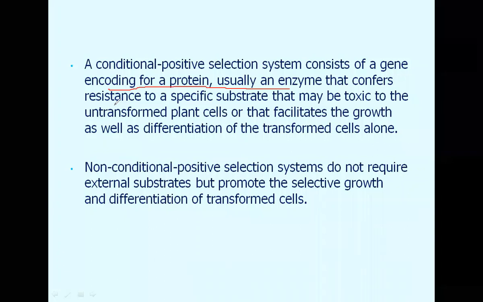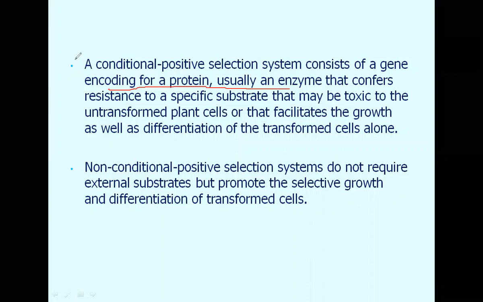So those cells which have got this gene and can synthesize this particular enzyme will convert that substrate into a product which is non-toxic, and therefore these cells will survive. And those cells which have not got this gene will not be able to synthesize this enzyme, and therefore will not be able to convert that toxic substrate into a product, and therefore those non-transformed cells will die, and that is how a selection is made.